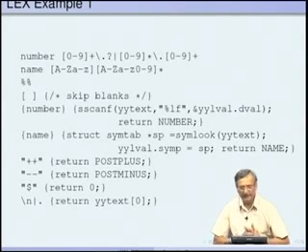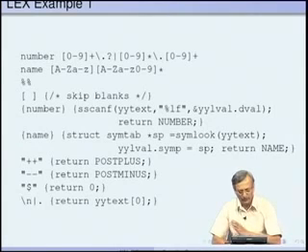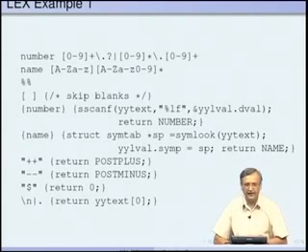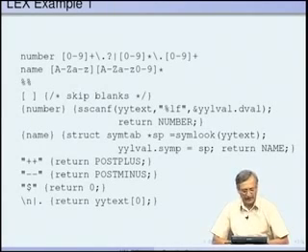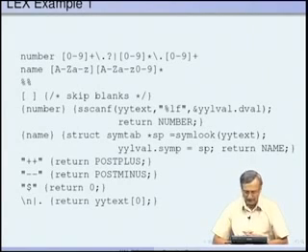This YYLVAL is principally used to transfer values from the lexical analyzer to the parser. For example, here we are reading a number, and later in the parser for expressions we will use the value of this number. How do we communicate the value from the lexical analyzer to the parser? That is through the variable YYLVAL.